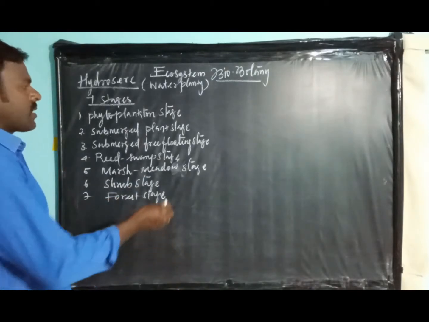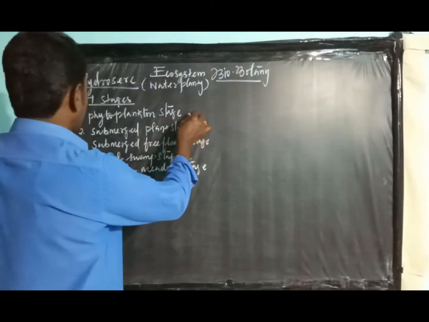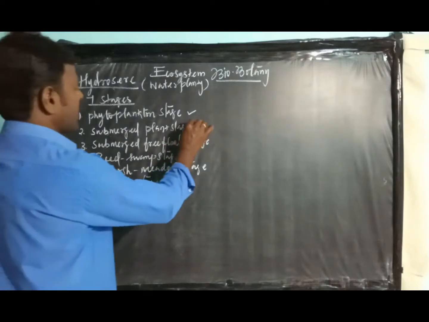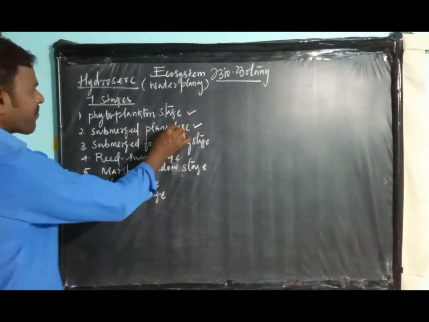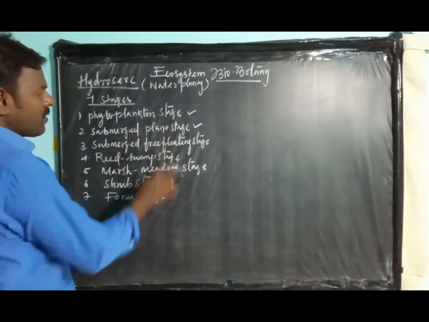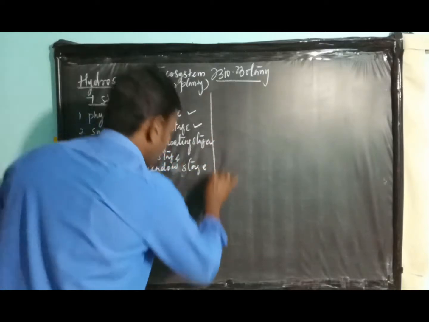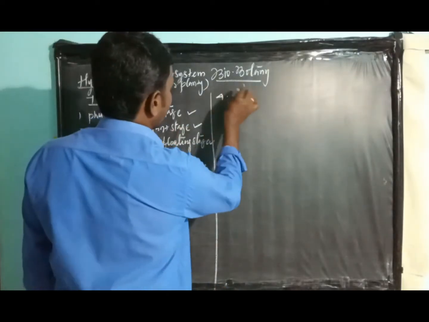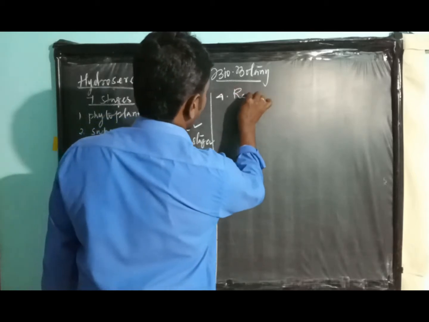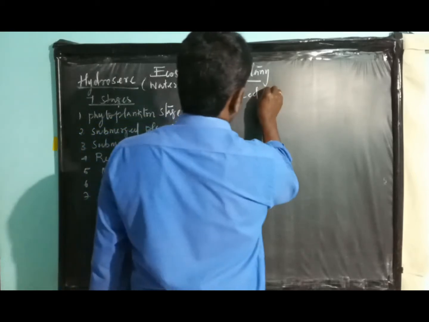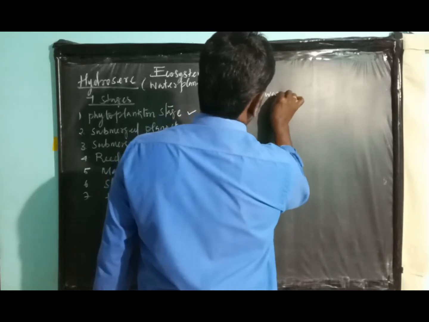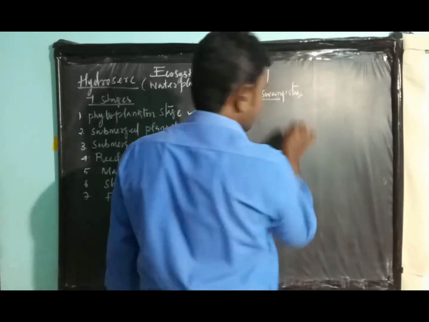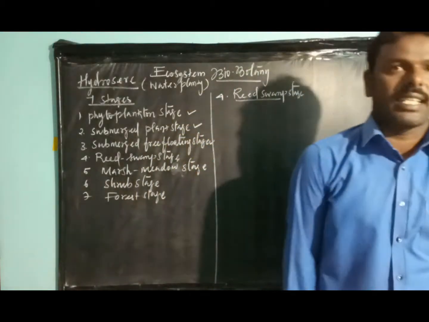In previous classes we already learned about the phytoplankton stage, submerged plant stage, and submerged floating plant stage. So now we are going to discuss the fourth stage, the reed swamp stage. This is the fourth stage of succession.